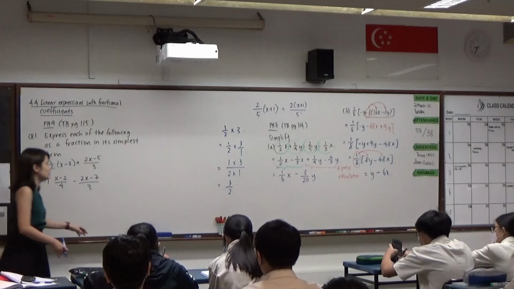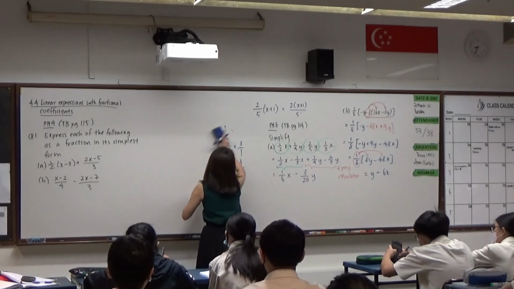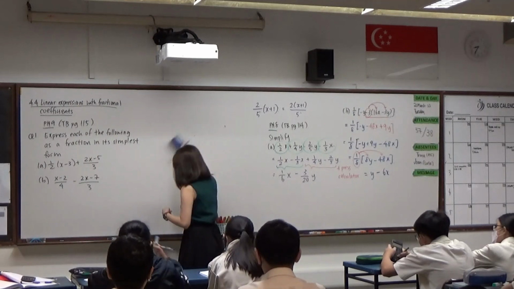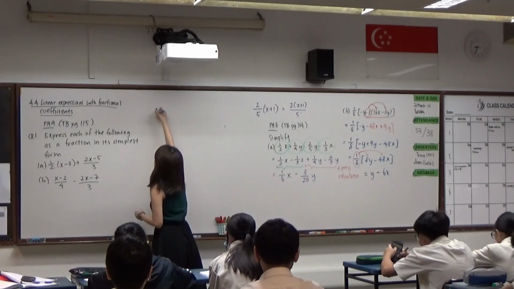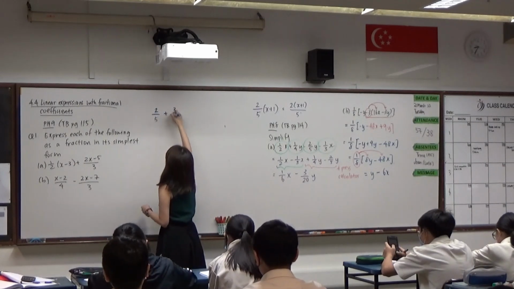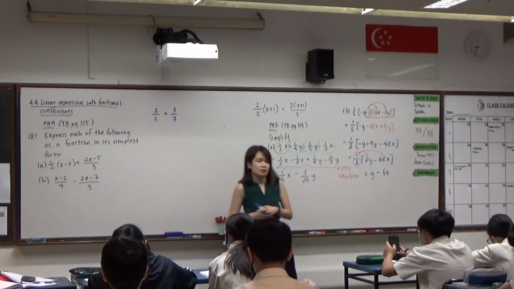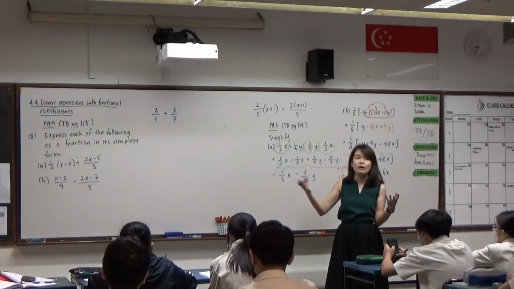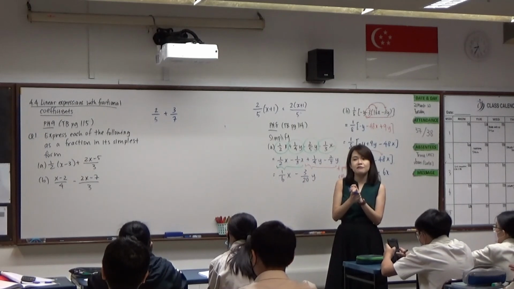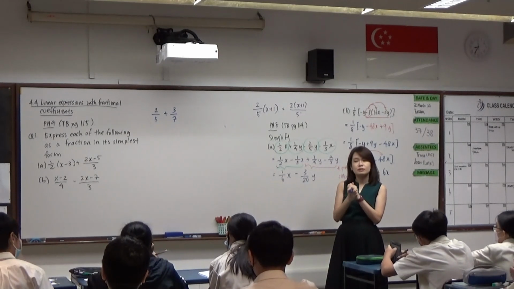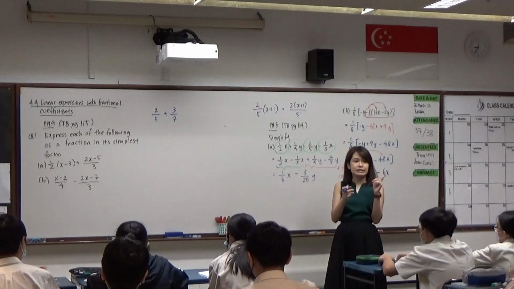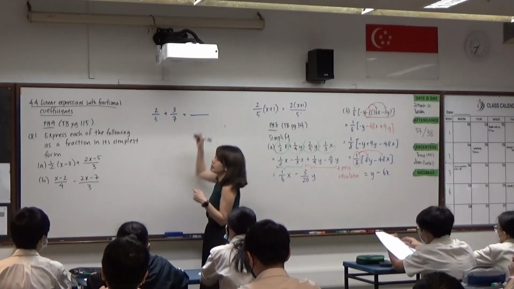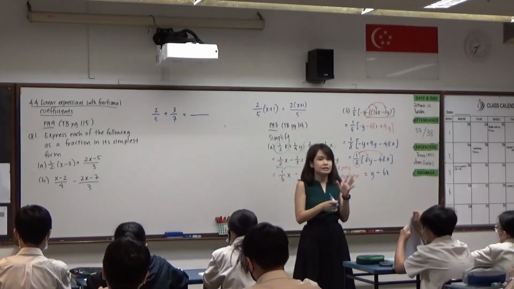For example, in our primary school, we would have done things like, for example, 2 over 5 plus 3 over 7. I want to combine it such that it becomes a single fraction. What do we do? Change the denominator, and in this case, our denominator, what do you think will be? 35, right?